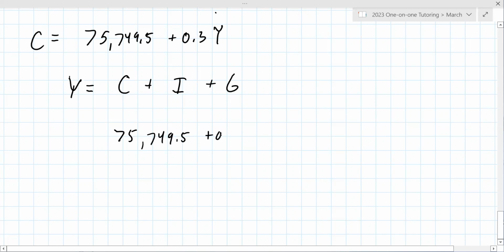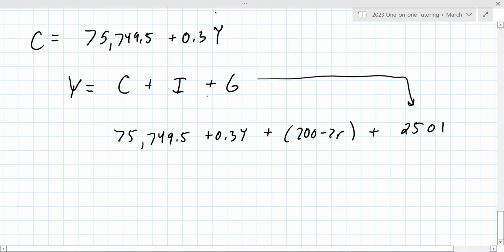So 75,749.5 plus 0.3 Y plus I is still 200 minus 2r plus 2,501. Got it.